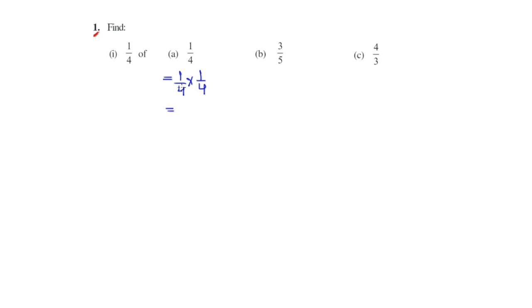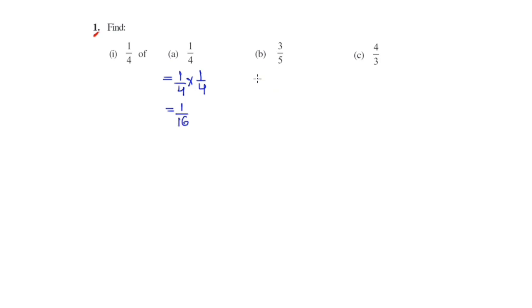So multiplying the numerator part and denominator part together, we get 1 into 1, that will be 1, over 4 times 4, that is 16. Clear? So 1 over 16 is the value of 1/4 of 1/4.